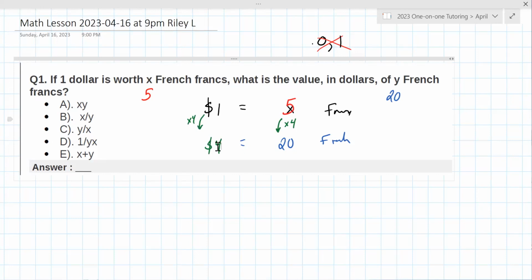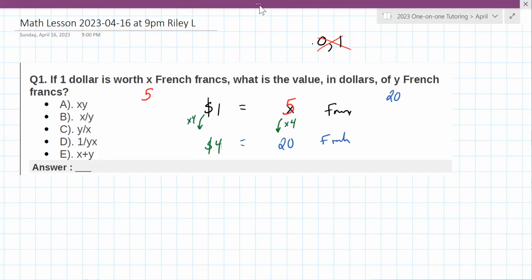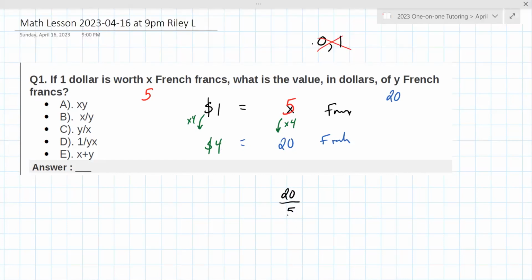Now the question is, how do you get $4 from 20 and 5? Well, you take the 20 and divide it by 5. That equals 4. 20 was really Y, X was really 5.